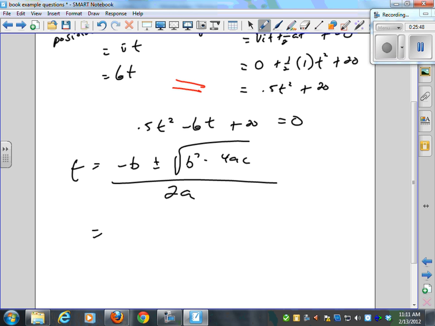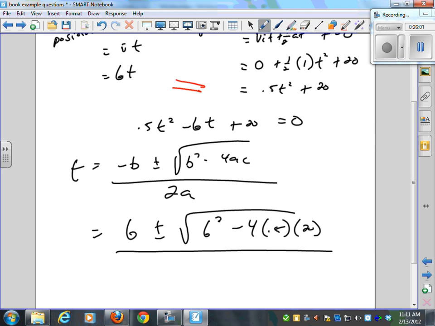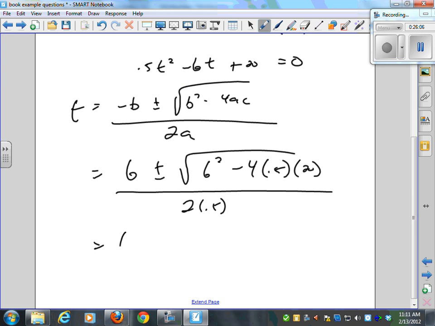So it's going to be 6 plus or minus the square root of 6 squared minus 4 times 0.5 times 20 all over 2 times 0.5. 6 plus or minus the square root of, you got 36 minus 4 times a half is 2 times 20 is 36 minus 40 all over 1.